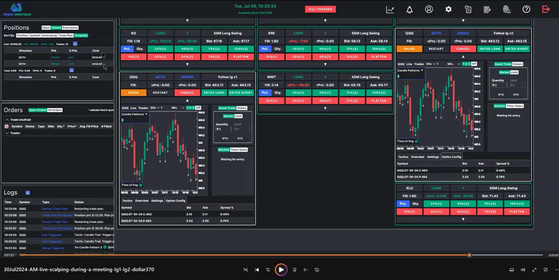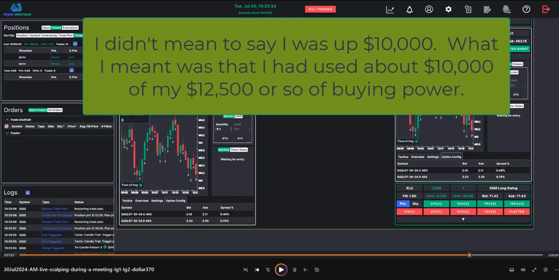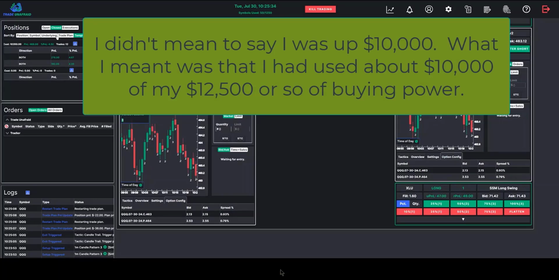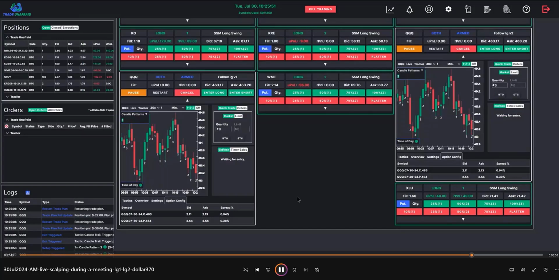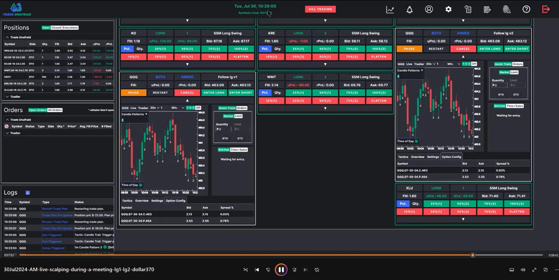I was starting to think that I'm probably running out of buying power, so I'm up just a little bit over 10,000 at this point, and I think I had like 12,000 or so in buying power. But it's been a good morning, and actually, it's been about 40 minutes, something like that.